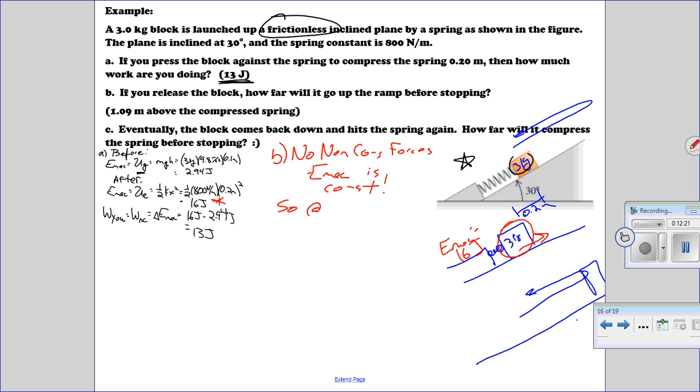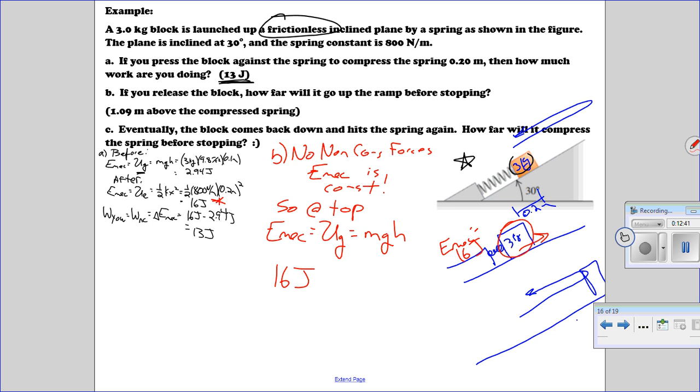So at its highest point, the spring isn't squished anymore, so there's no elastic potential energy. It's not moving because it stops at the top, so there's no kinetic energy. So all of my energy is gravitational. So that's mgh. And I know that my mechanical energy is still 16 joules.